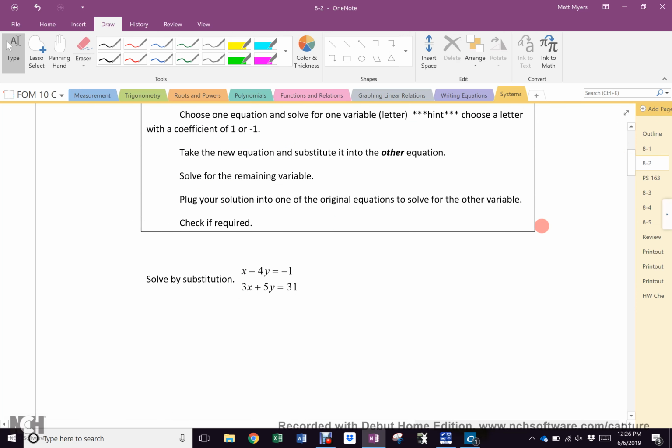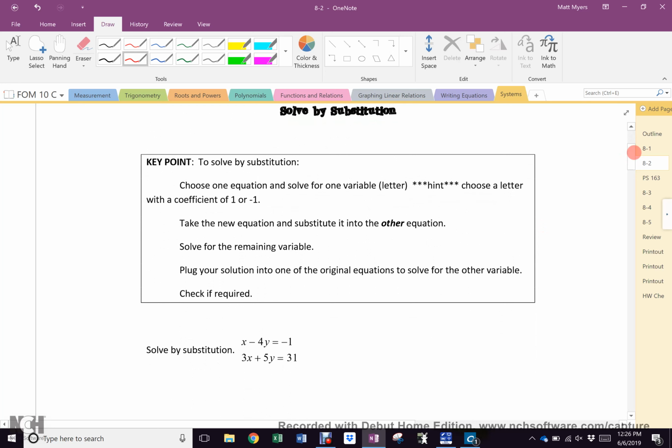The first time I ever taught Math 10, this was part of it. And I taught the kids how to do it. Now, if you look back at the first page of systems, it says there's 3 ways to solve these things. One is graphing, which we've already done. The second is substitution, and the third is elimination.